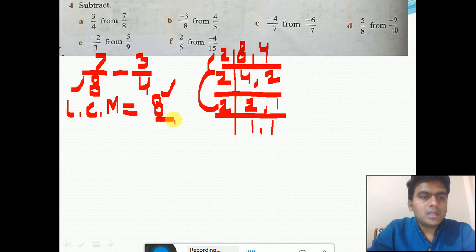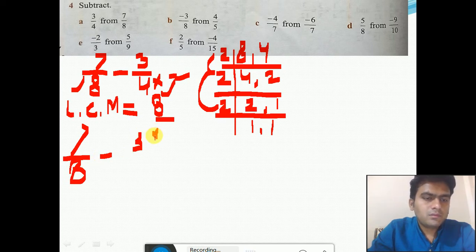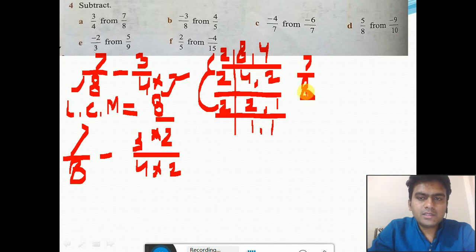So LCM is 8. Now to make this denominator 8, multiply by 2, so we will multiply 2 in the numerator as well as the denominator. This 7 upon 8 we will write as it is. Now 3 into 2 upon 4 into 2 equals, so 7 upon 8 as it is, minus 6 upon 8.